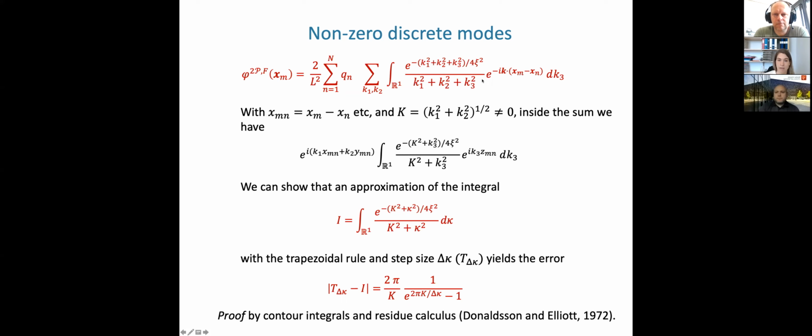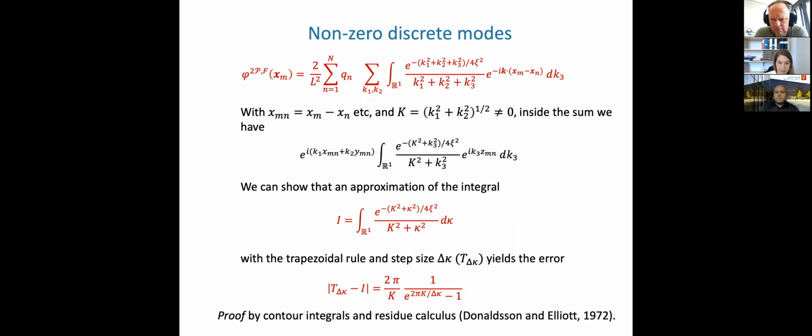So what is the accuracy if we apply a trapezoidal rule to this? Well, by using a technique that was introduced in the 70s, with contour integrals and residue calculus, we can show that if we look at this integral here, then this is the error that the trapezoidal rule will make. So delta kappa here is the step size in K space because the integral is in K space.